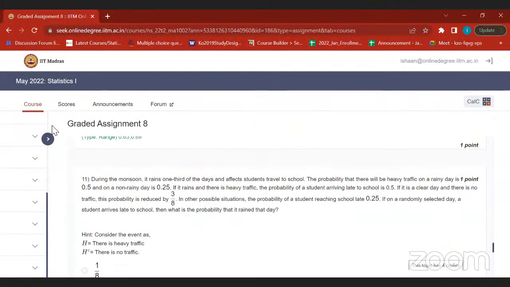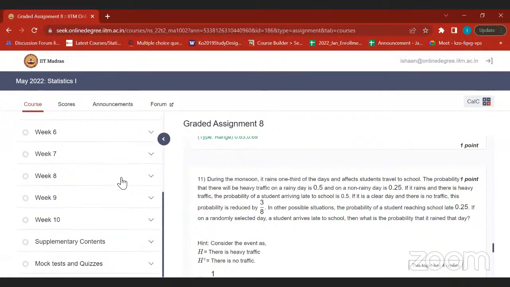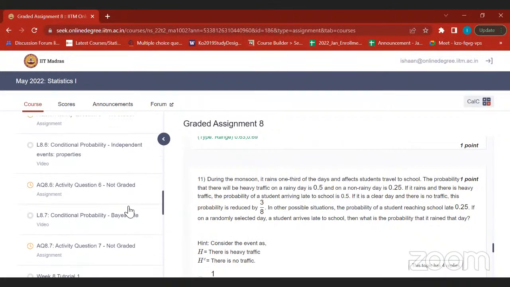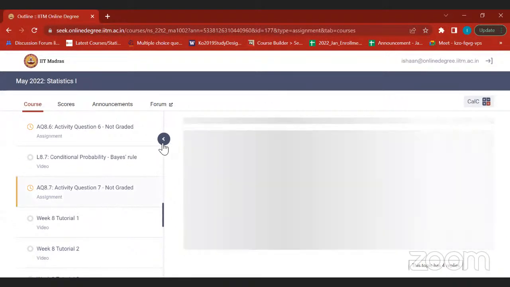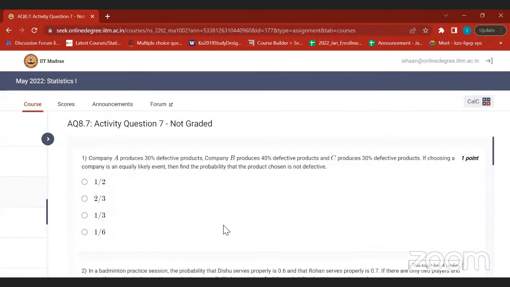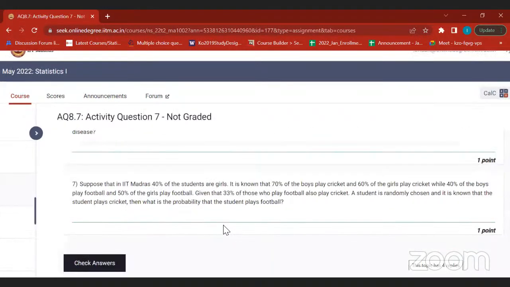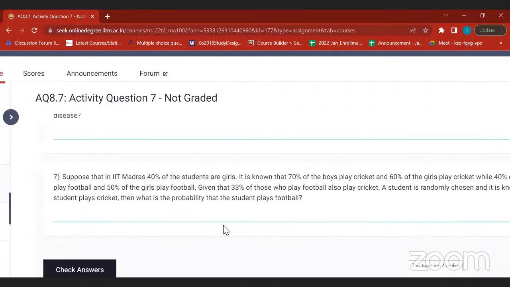Okay, for that, let's look at that. Where is that cricket football question? Activity, last question. After that we will go to graded assignment one. This one, right? The 7th one. Suppose in IIT Madras, 40% students are girls. So consider your complete sample space over here.